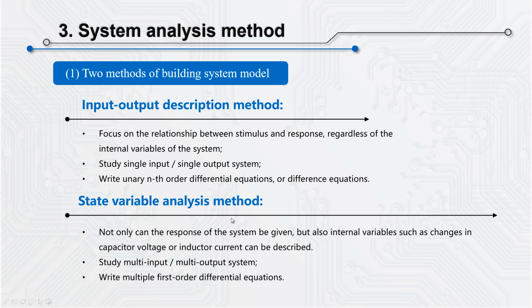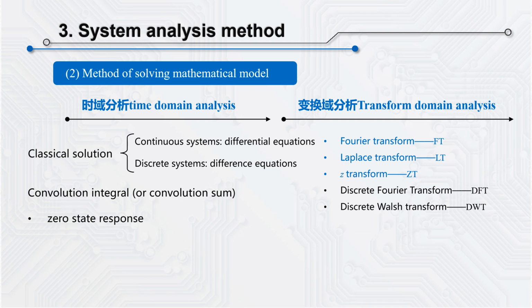You can use this method to do time domain analysis of a higher order system in circuit theory. The solution of the mathematical model is mainly divided into time domain analysis and transform domain analysis.